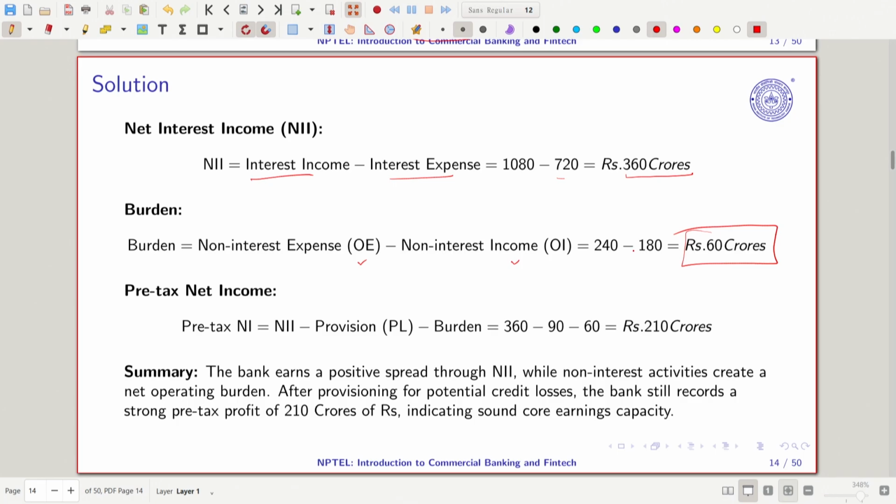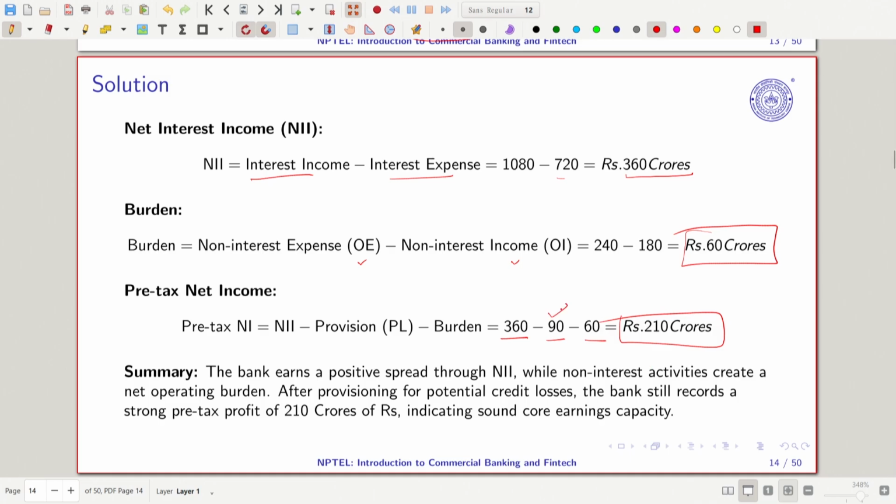Then here we have the pre-tax net income. So here we have 360 minus 90 minus 60. So it is 210 crores, right? This is what we get. Which means that if you think in terms of net income, the bank is still making profit, but 150 crore is eaten by the burden and also the provision.